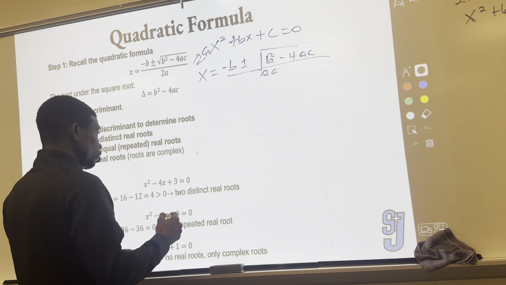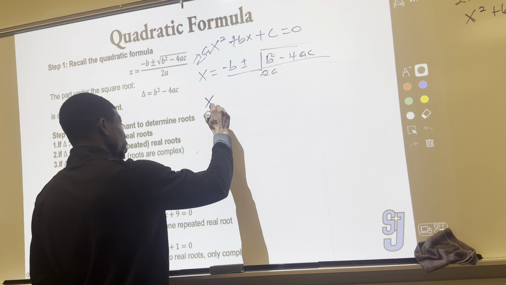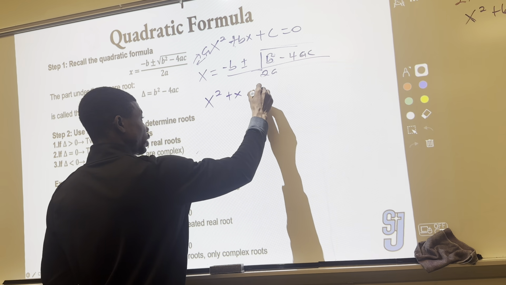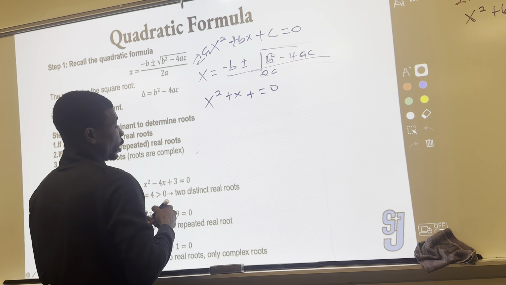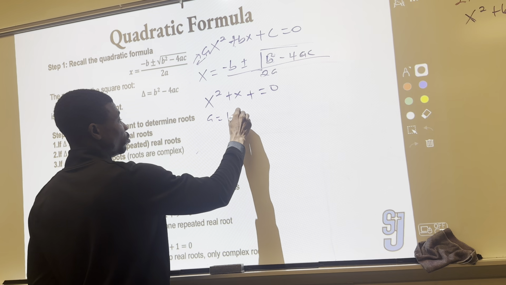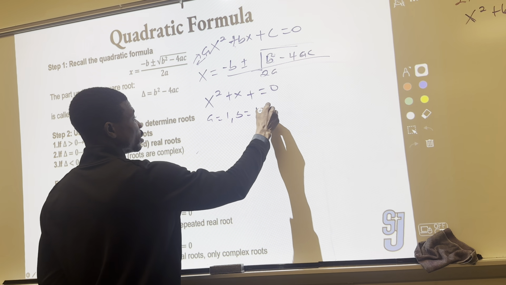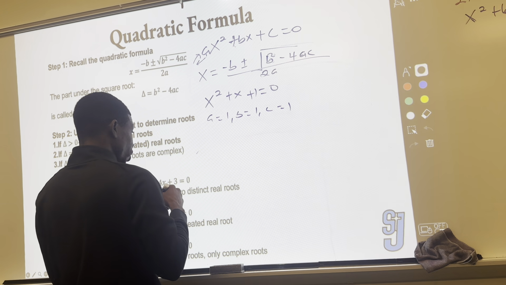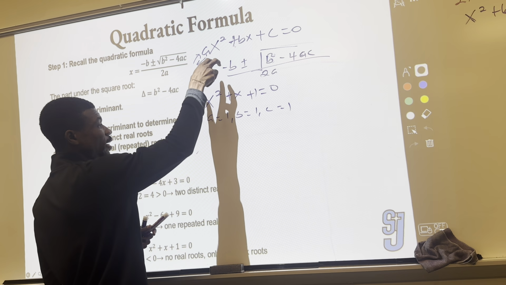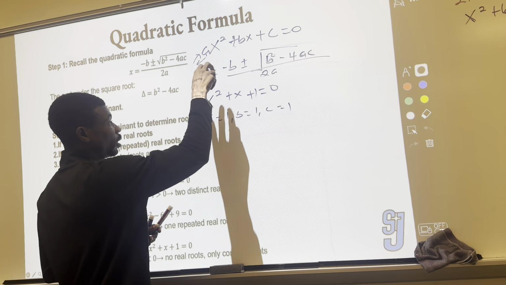Okay, so now our last equation set is x squared plus x plus 1 equals 0. And so our a equals 1, b equals 1, c equals 1. Now I decide to plug in these values and see what happens.